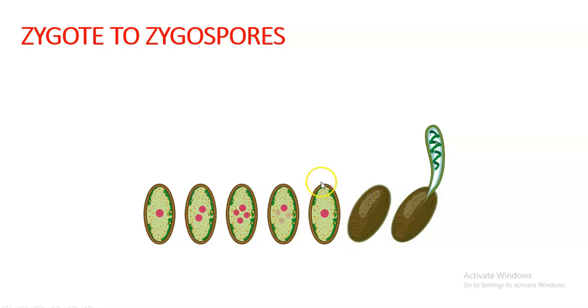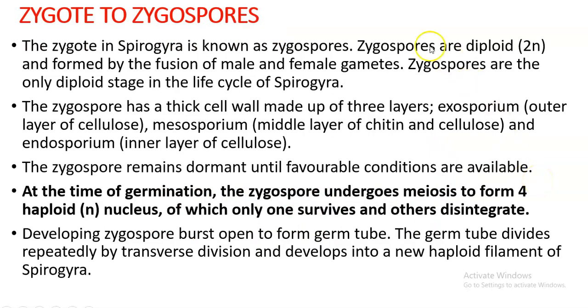Now it is the final phase of transformation of the zygospore, and it will be germinating under favorable circumstances to a new thallus. So this is all about the zygospore. I have given the explanation for what happens to the zygospore here. So this is all about Spirogyra.